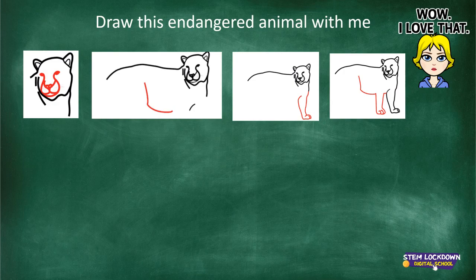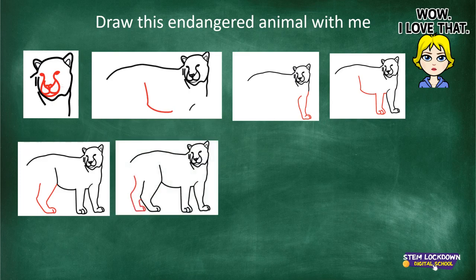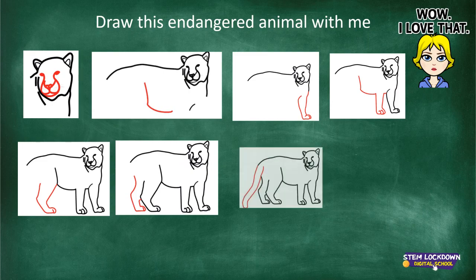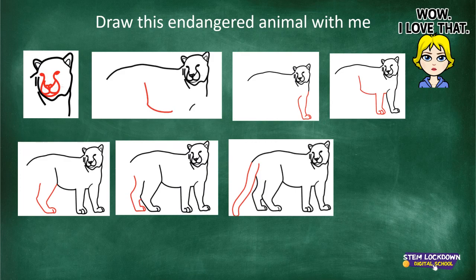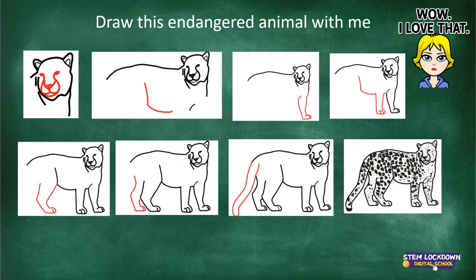Got that? Add the third leg. Add the fourth leg. And add that long tail. Finally, put spots all over.